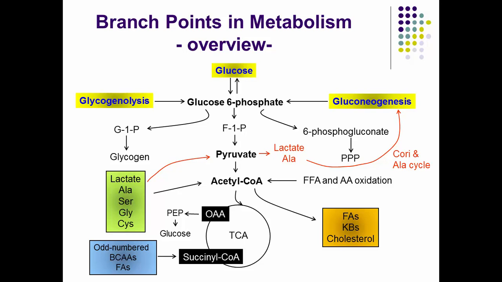And it also can be utilized for glycogen synthesis in the fed condition. And of course, it can be further metabolized, right, and oxidized through this pathway. And pyruvate, we know, can be generated from glucose metabolism and amino acid metabolism. And it can be either further metabolized in the feeding condition to acetyl-CoA and completely oxidized in the TCA cycle, or it can be used for gluconeogenesis during starvation conditions.